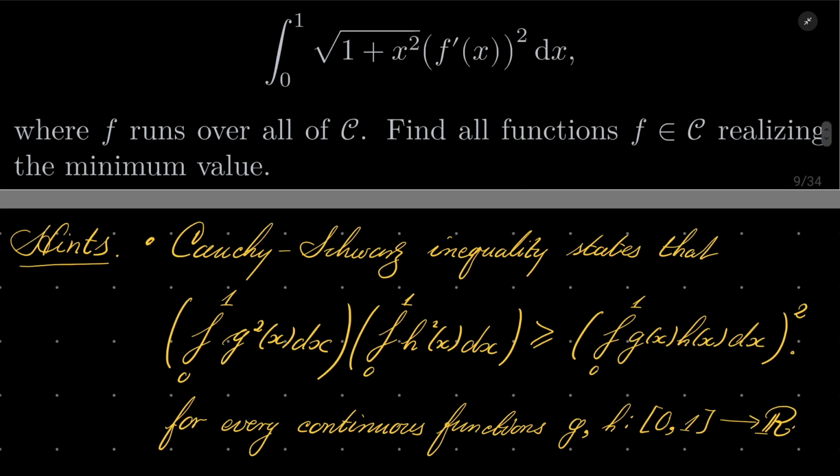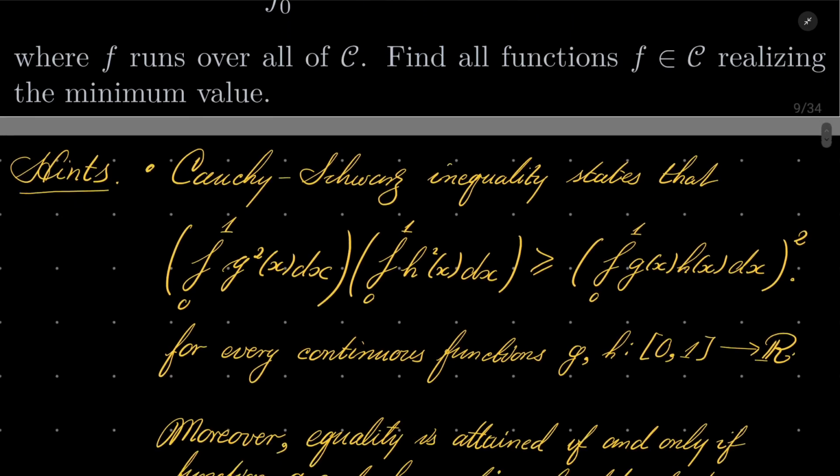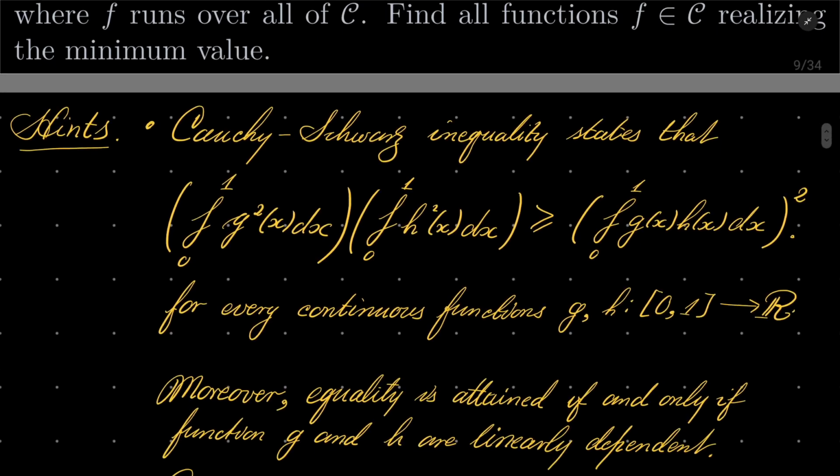That holds for all continuous functions g and h. In fact, it holds for a much larger class of functions, but we need only continuous functions. And very important, equality is attained if and only if g and h are linearly dependent, so one function is the other function times some constant.